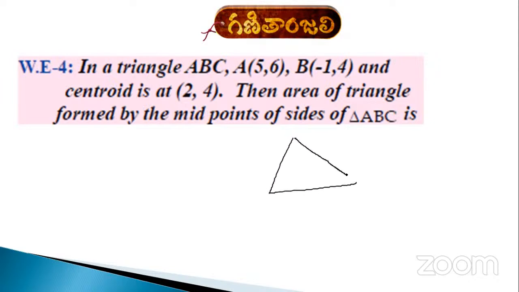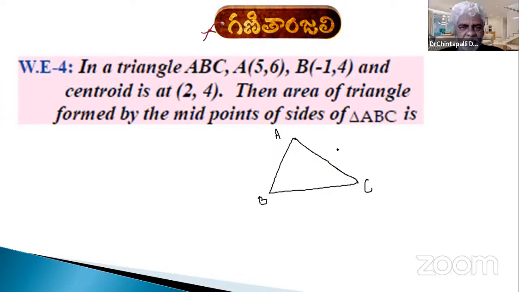Then the area of the triangle formed by the midpoints of the sides of triangle ABC is? Triangle ABC is asked, right?